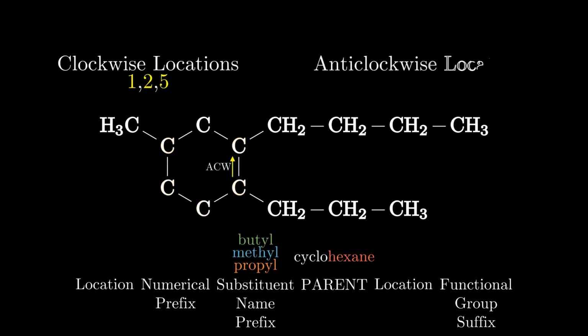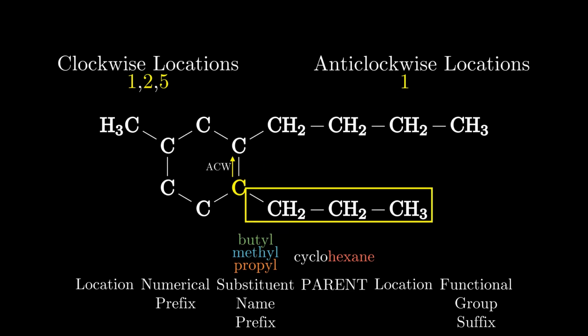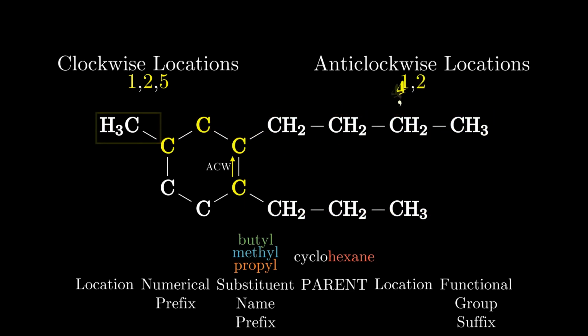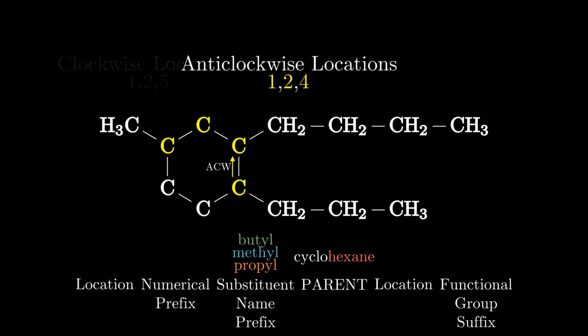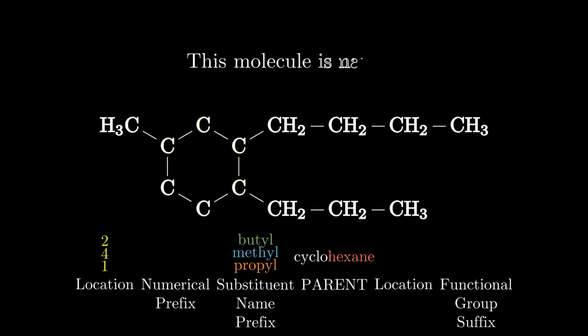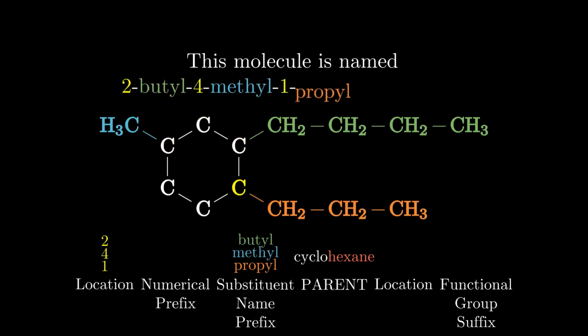Switching and going anti-clockwise from the propyl, we get 1, 2, and 4. So we choose the anti-clockwise locations for the numbering of this molecule. Now that we have everything identified, we can put it all together and generate the name 2-butyl, 4-methyl, 1-propyl cyclohexane.